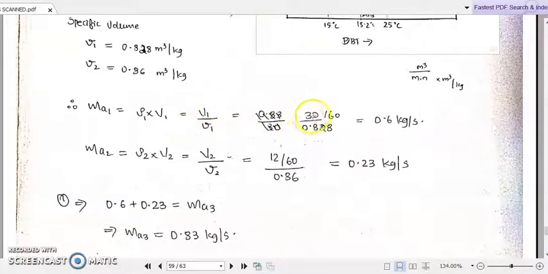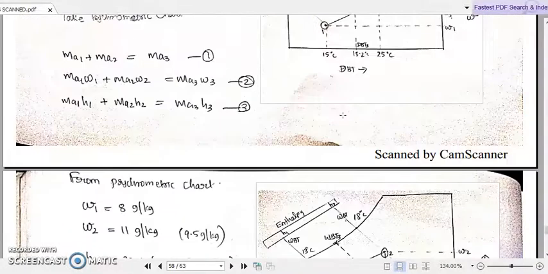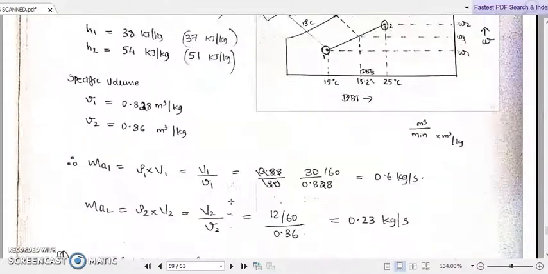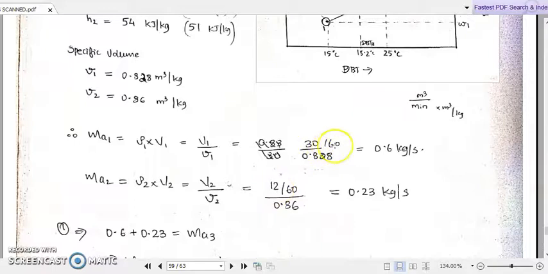In the question, the first volume flow rate was 30 meter cube per minute. In 1 minute there are 60 seconds, so we can divide 30 by 60 to get the volume flow rate per second.